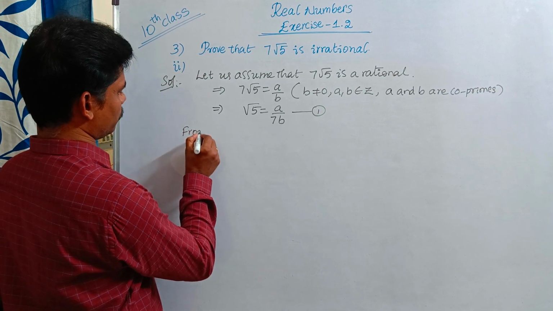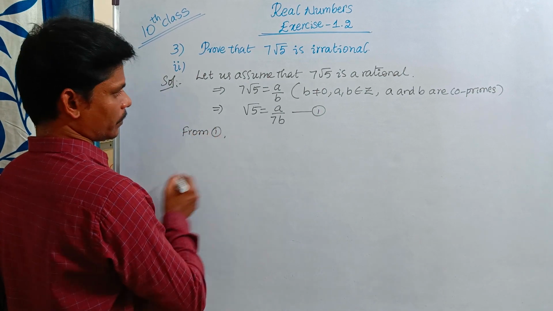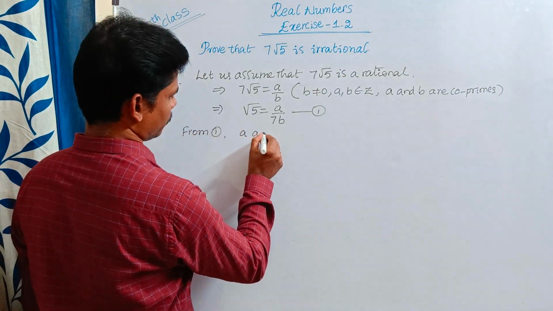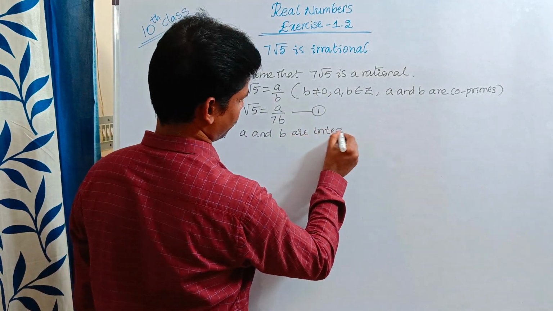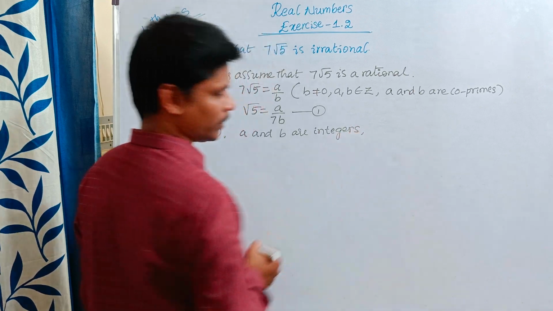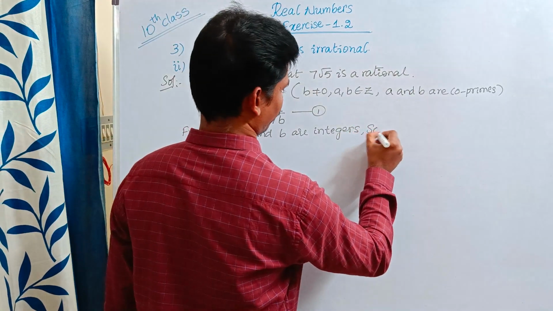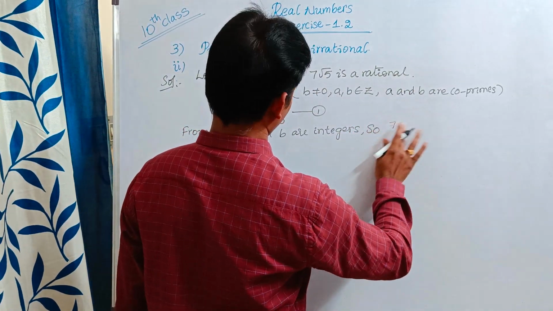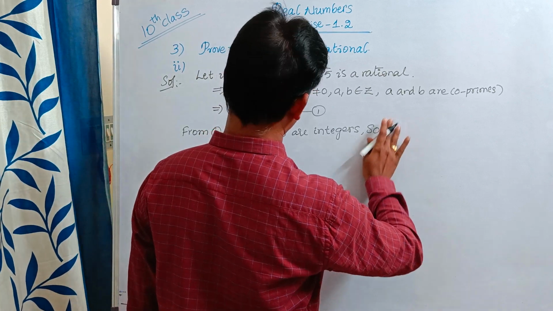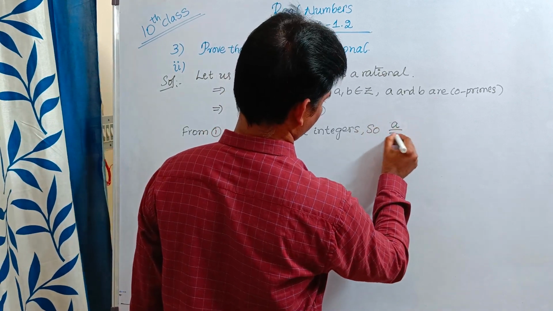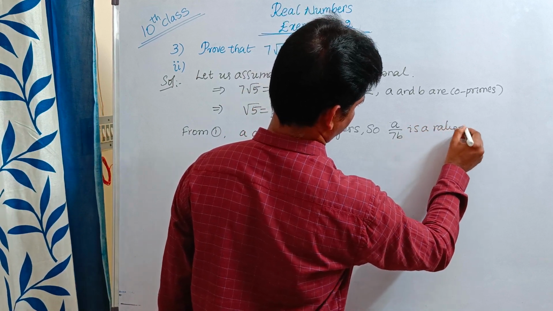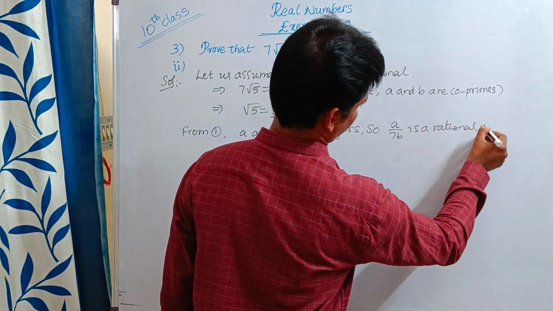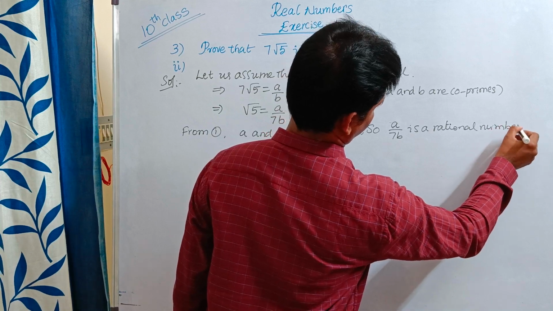So from 1, a and b are integers. So a by 7b is a rational number.